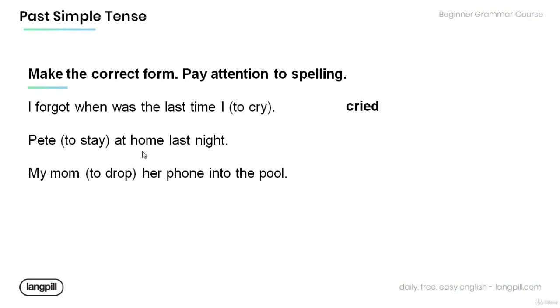Pete to stay at home last night. Pete stayed at home last night. My mom to drop her phone in the pool. My mom dropped her phone in the pool.